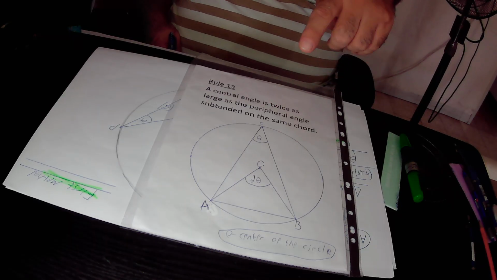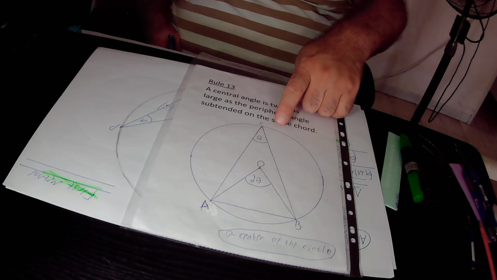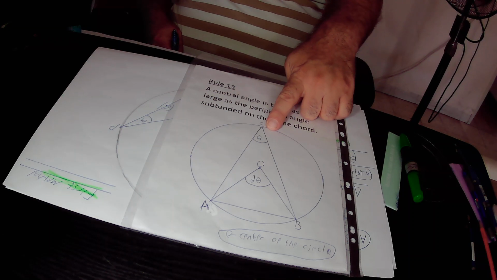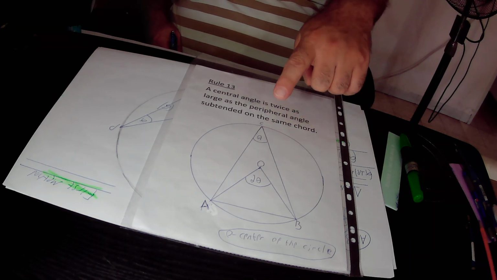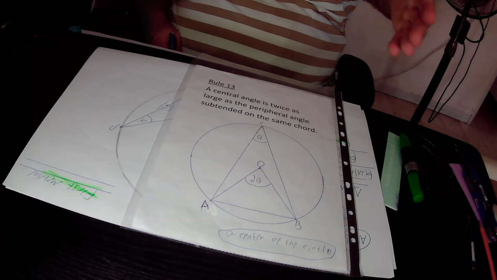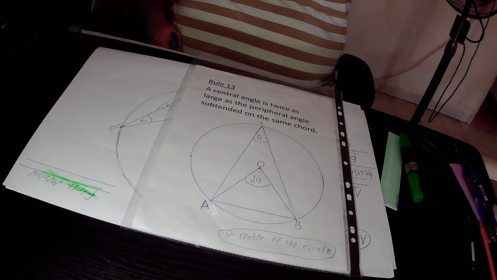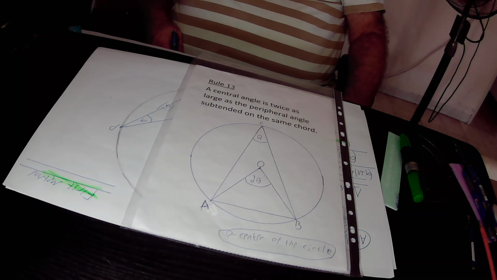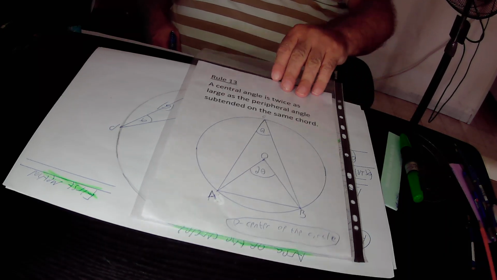The size of peripheral angle ACB is theta, therefore the size of the central angle must be equal to 2 theta. So according to rule 13, the size of a central angle is twice as big as the size of the peripheral angle that subtends on the same arc. Okay.